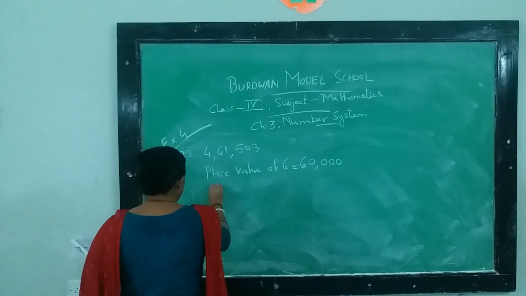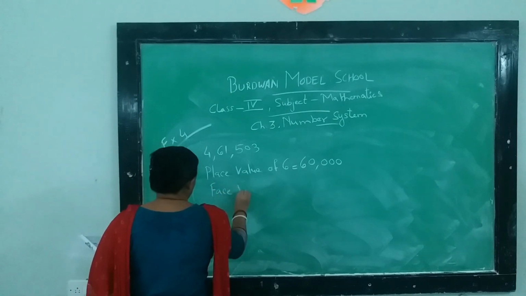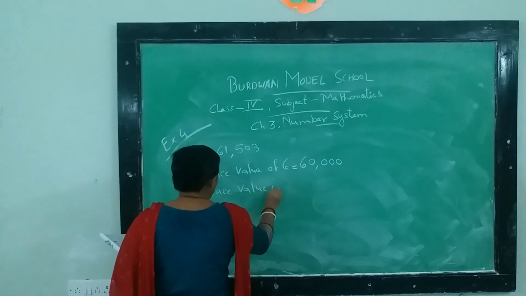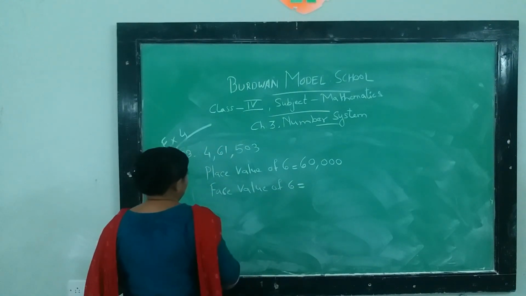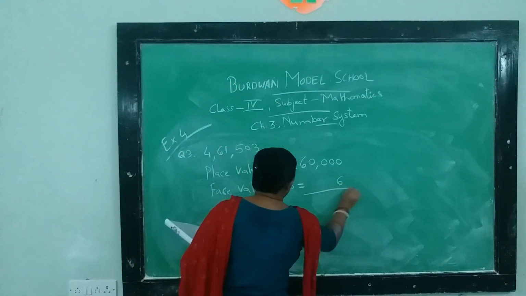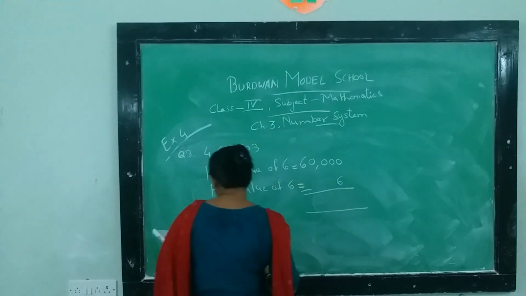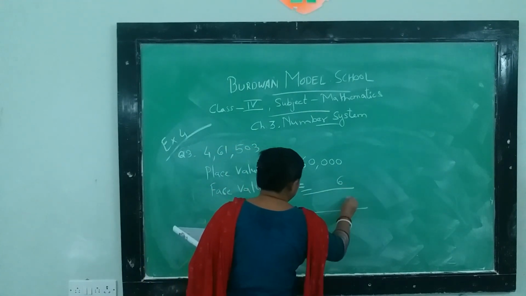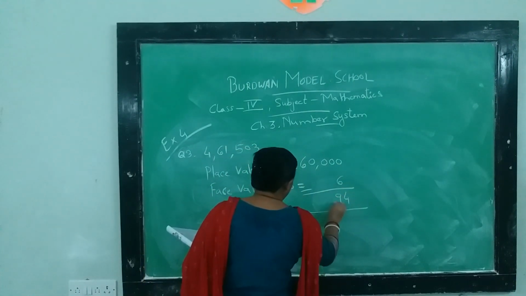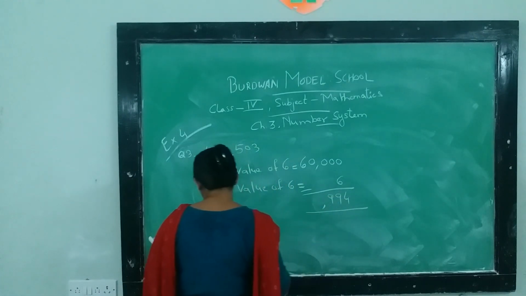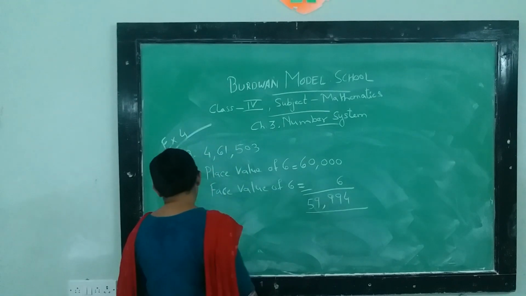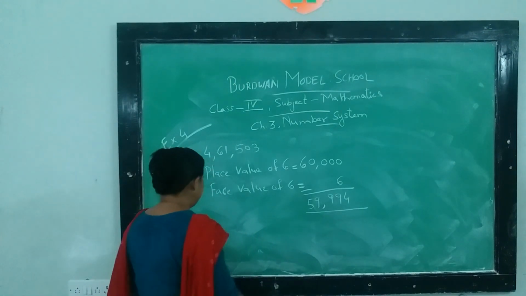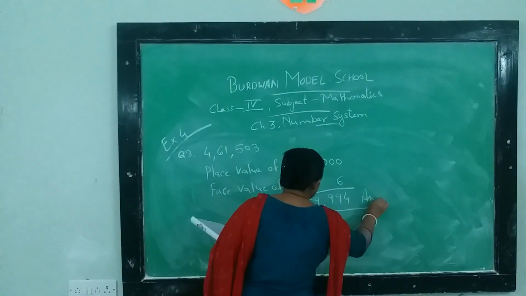And face value of 6 is only 6. Now subtract. After subtraction, 10 minus 6 is 4, then 9, 9, 9 and 5, that is 59,994. So this is the answer. Clear?